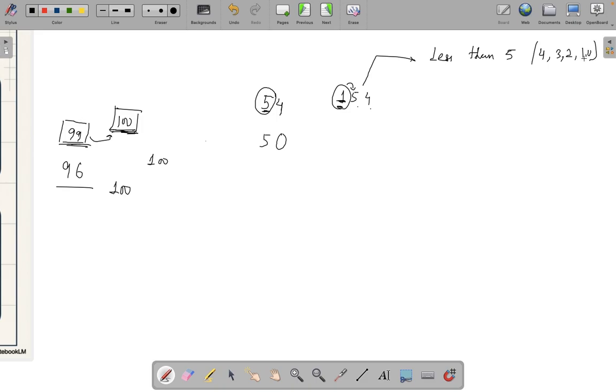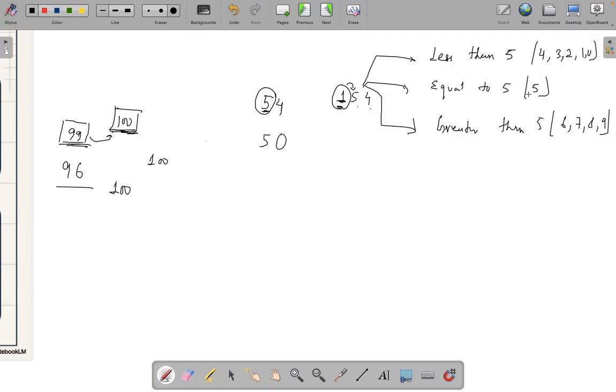The second case is equal to 5, so you have only one number, 5. The third case is greater than 5, where you'll have 6, 7, 8 and 9. These are the only options you'll have.